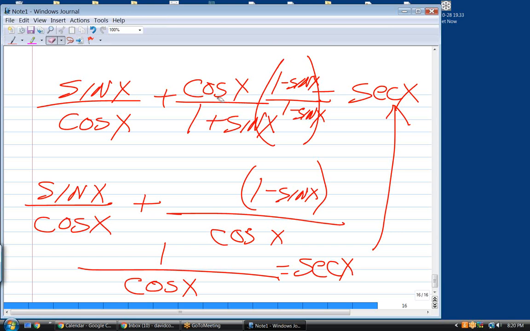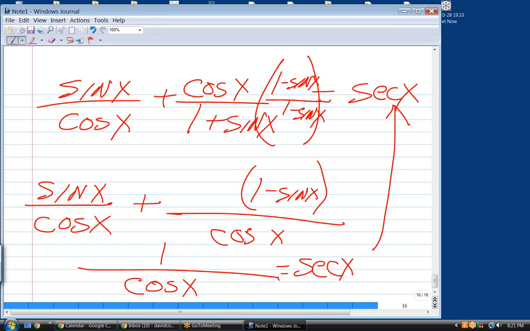This was 1 step, 2 steps, 3 steps, 4 steps to get to secant x. But I don't think there's another way that's quicker than 4 steps. Not that you'd want to expend energy trying to find it. If you can prove it in 4 steps, that's fine. You're not going to get extra credit by being able to prove it in 3 steps.